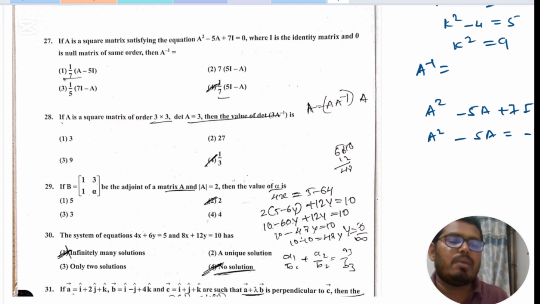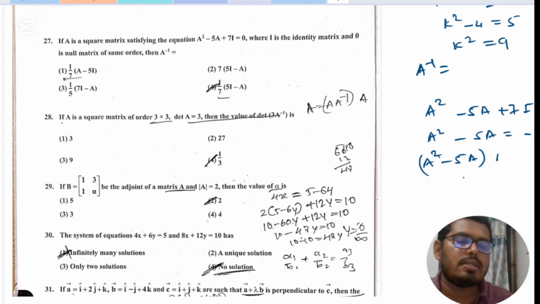If you post-multiply by A inverse, A square minus 5A, here is A inverse, equal to minus 7 A inverse. At that time A square into A inverse is A, minus 5I, and A into A inverse is the identity matrix, that is equal to minus 7 A inverse.